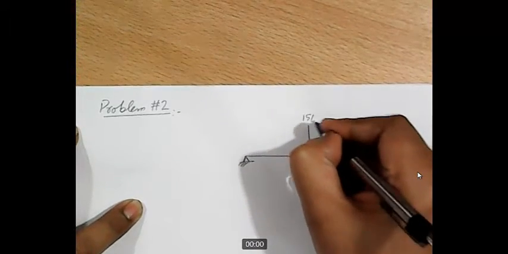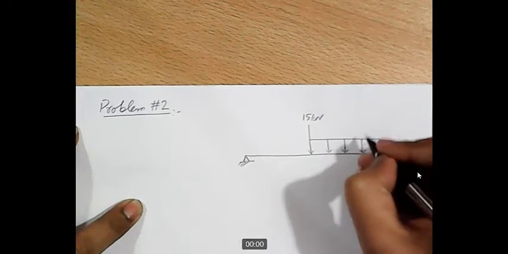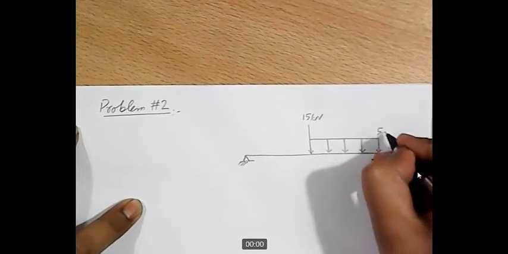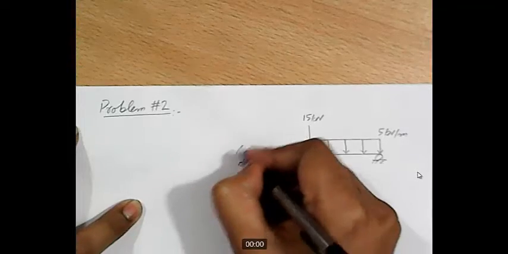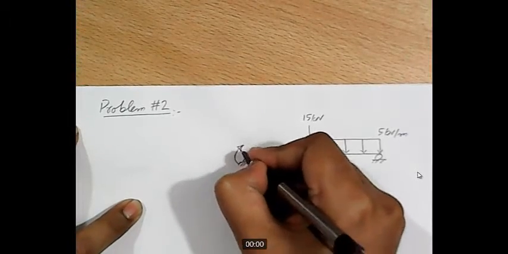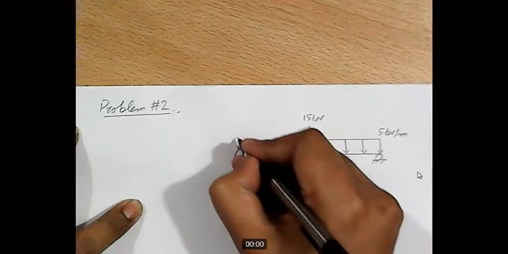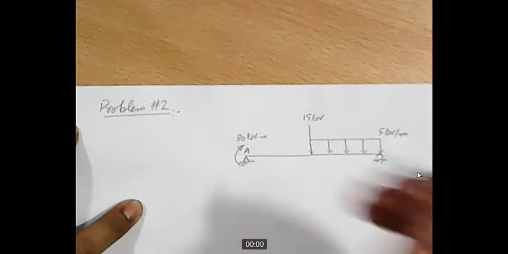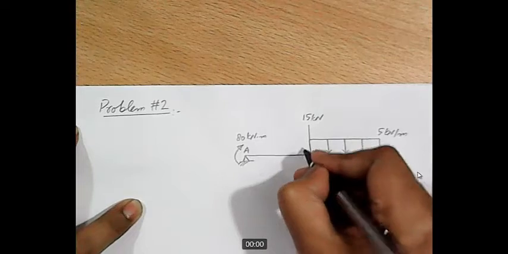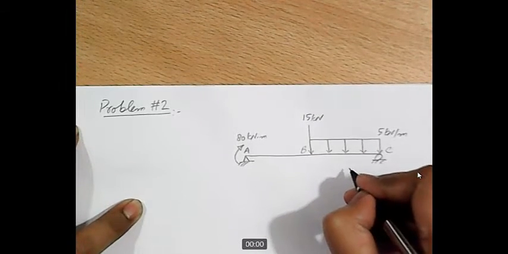Point load is of 15 kilonewton magnitude. The intensity of UDL is 5 kilonewton per meter, and we have a point moment acting at point A. Magnitude is 80 kilonewton meter. This point is B, this point is C.